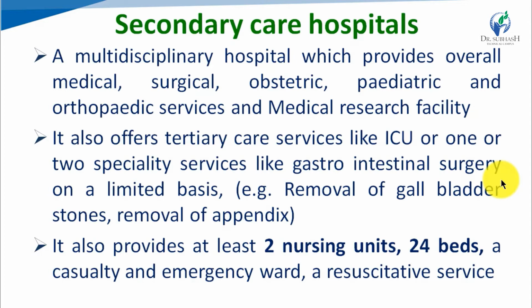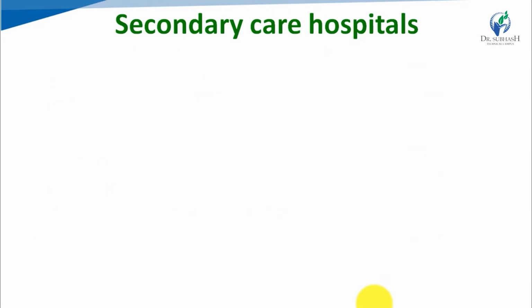It provides the facility of resuscitation, the process of correcting physiological disorder in an acutely ill patient. That means in lack of breathing or in case of heartbeat problems, such a facility should also be present in secondary care hospitals.